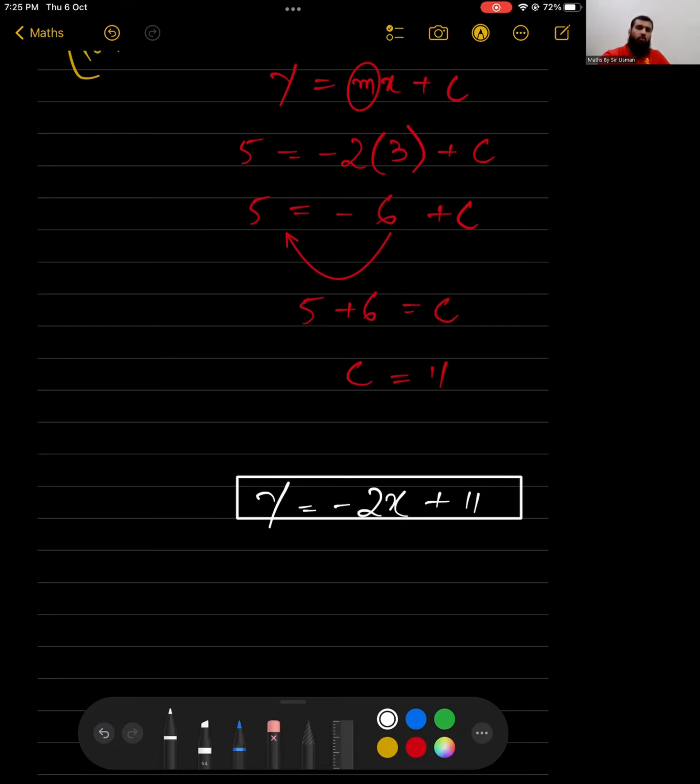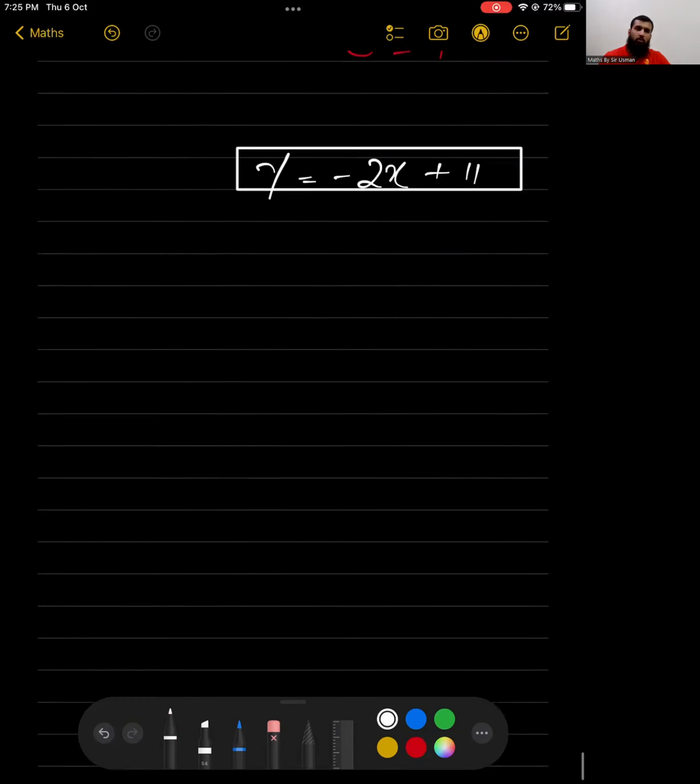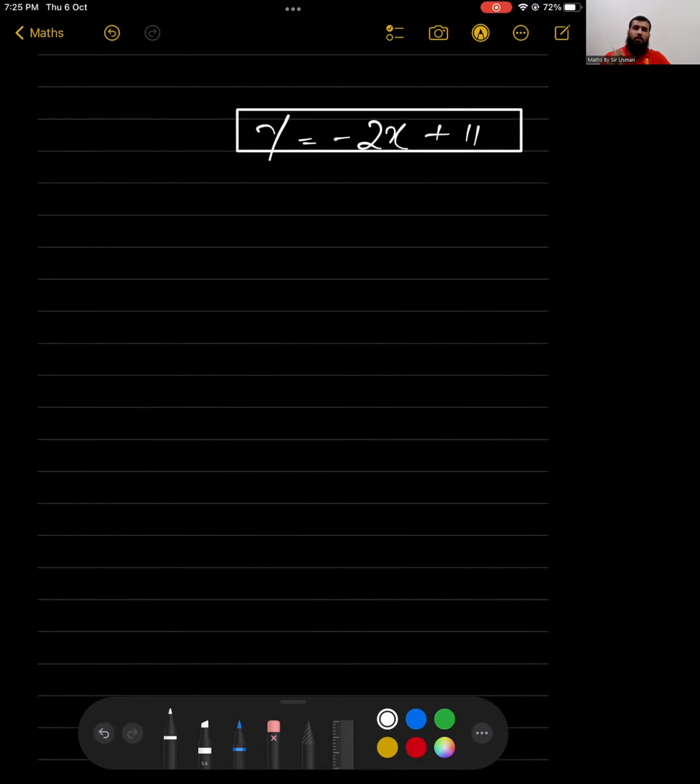And now what we need to do here is that we need to try out a similar question, but this time you people would be doing this on your own. So we have a line over here, in fact 2 lines.